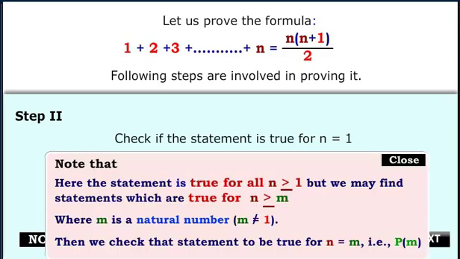Note that here the statement is true for all n greater than or equal to 1, but we may find statements which are true for n greater than or equal to m, where m is a natural number, m not equal to 1. Then we check that statement to be true for n equal to m, that is Pm.